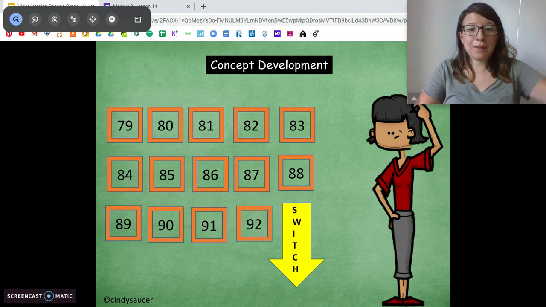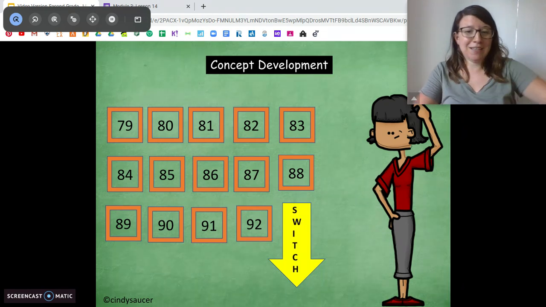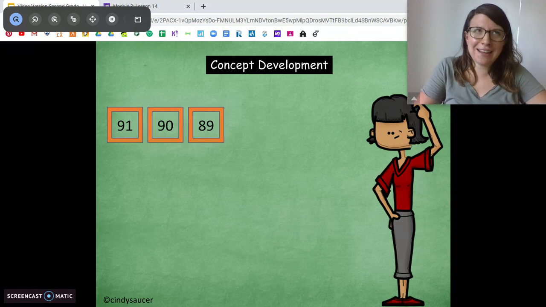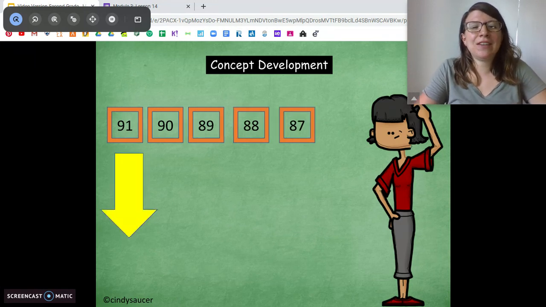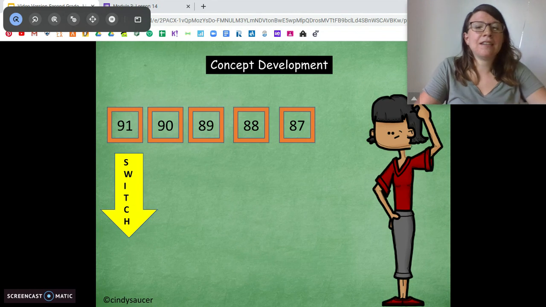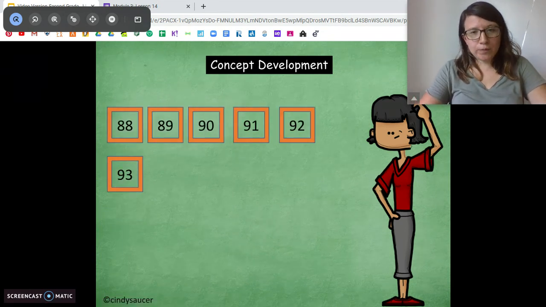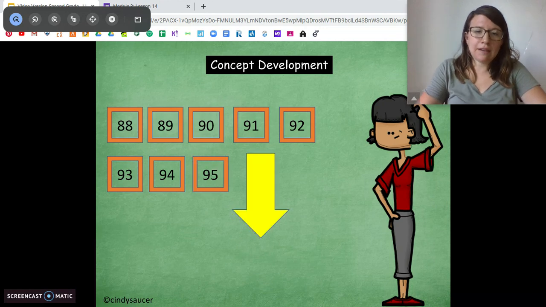Whoa. Now we're going to count backwards. Here we go, starting at 92, 91, 90, 89, 88, 87. Whoa. Counting forwards again. 88, 89, 90, 91, 92, 93, 94, 95.